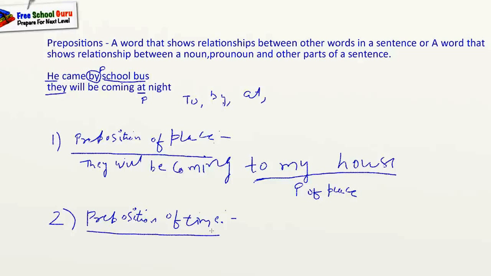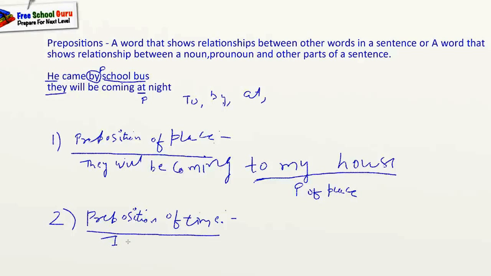Preposition of time essentially refers to the time in the sentence. Again, simple. The word itself implies the meaning. Preposition of time refers to a time in a sentence. I will be arriving at noon. So at noon is your preposition of time.